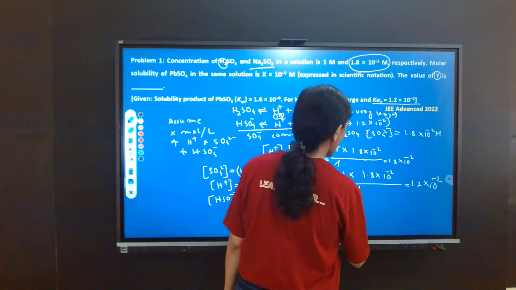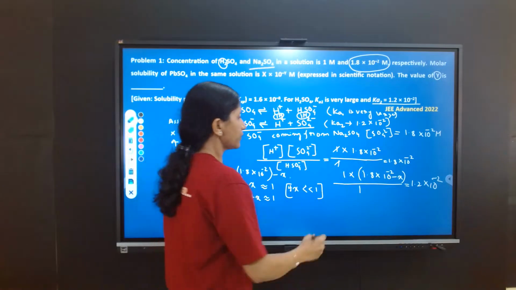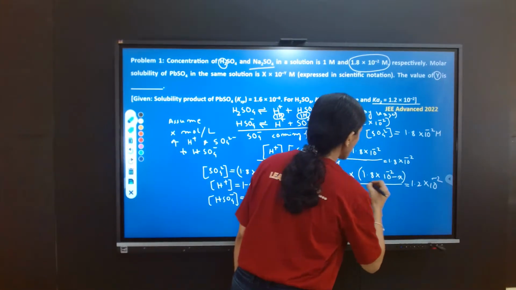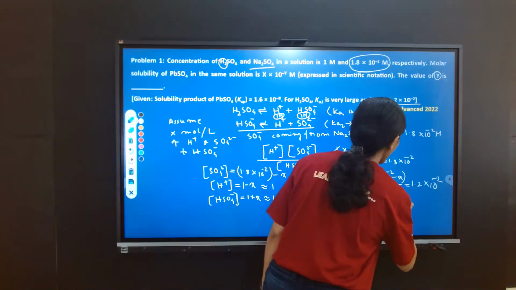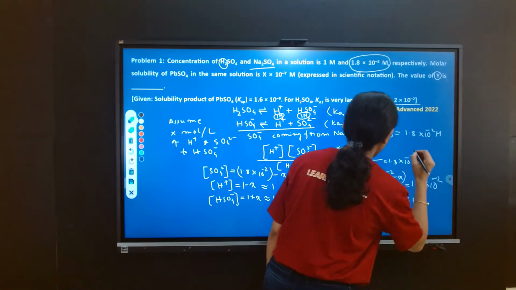So if you calculate this, the x will be coming out as 0.6 times 10 to the power minus 2.